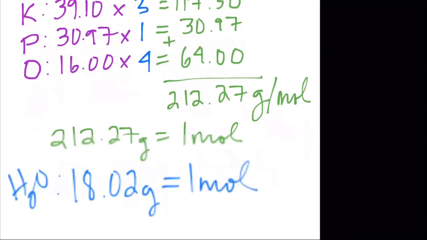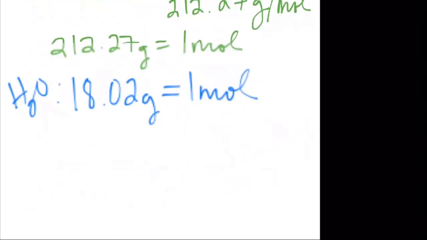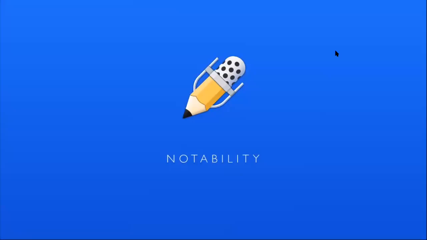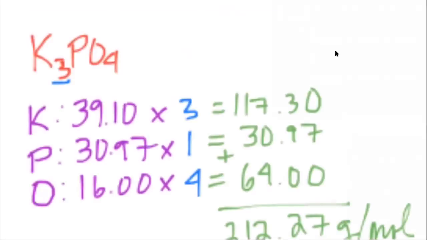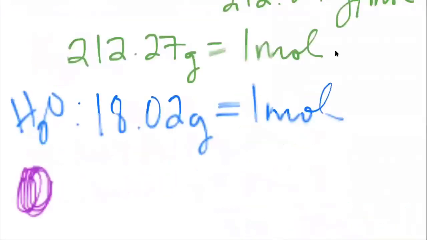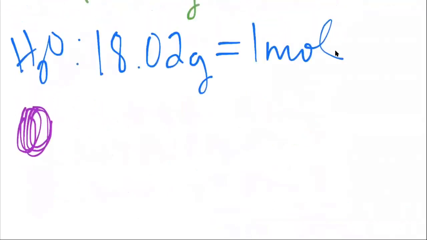For other substances, if I did just oxygen gas, O2, that's 16, but I have to multiply it by 2 because of the subscript.